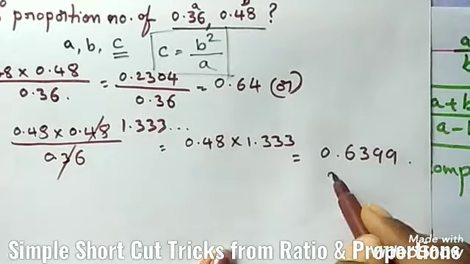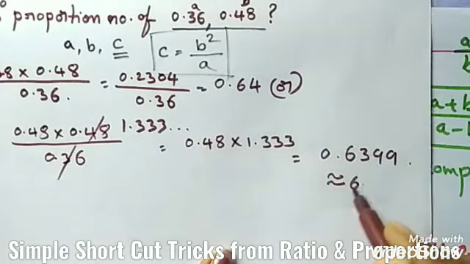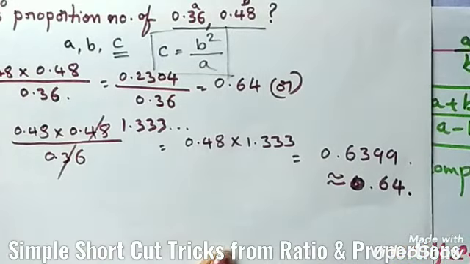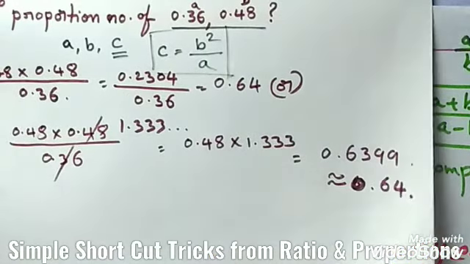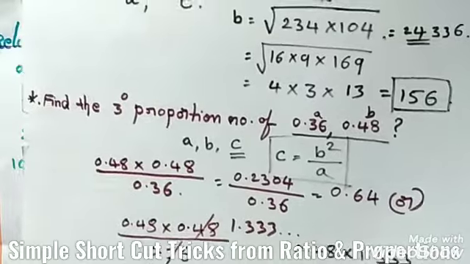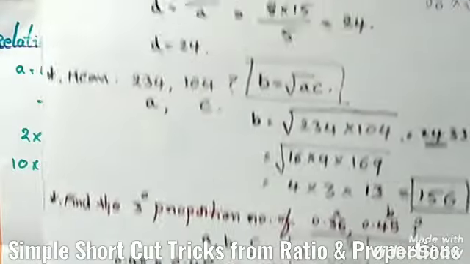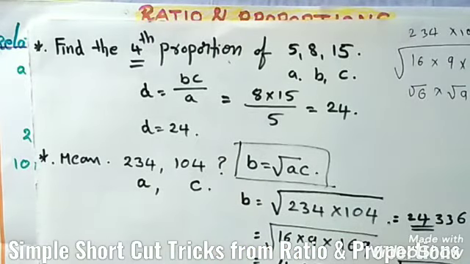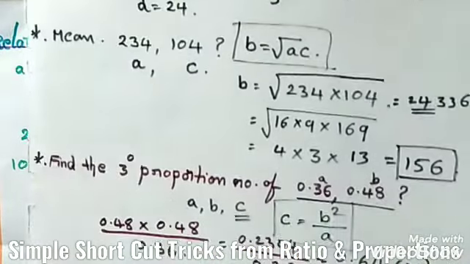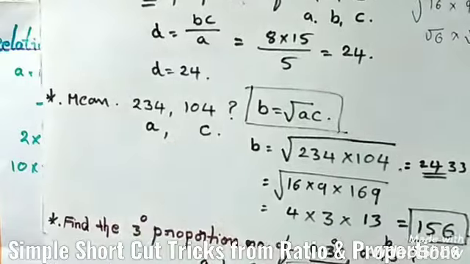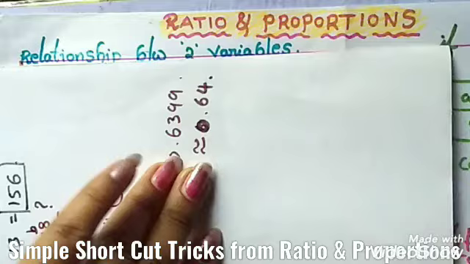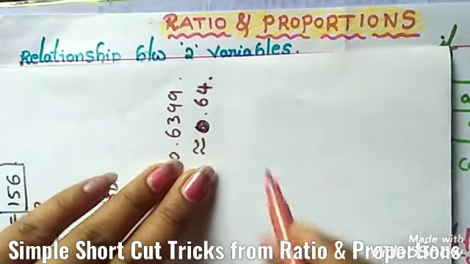So you can approximately take this as 0.64. Right, this is the answer. So these are the formulae you have to use if you need to calculate the fourth proportion, the third proportion and the mean proportion.